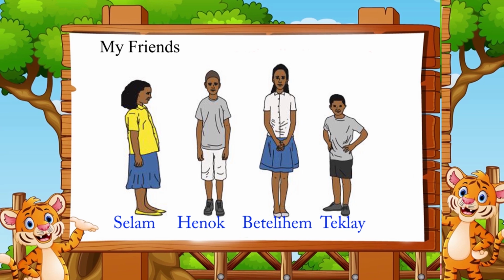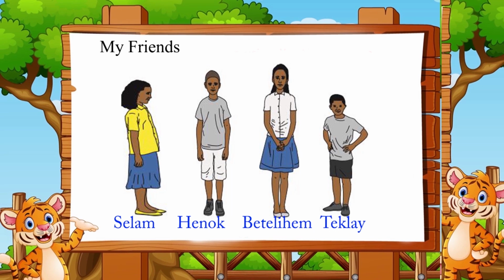Salam is 15 years old. She weighs 35 kilos. She is 70 centimeters tall. Enoch weighs 40 kilos. He is taller than Salam. He is 73 centimeters tall.